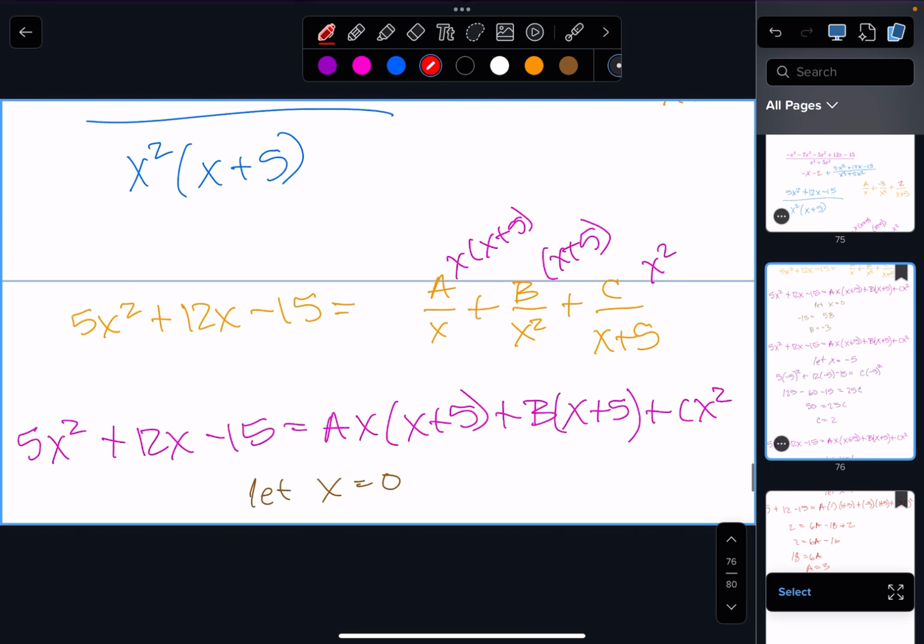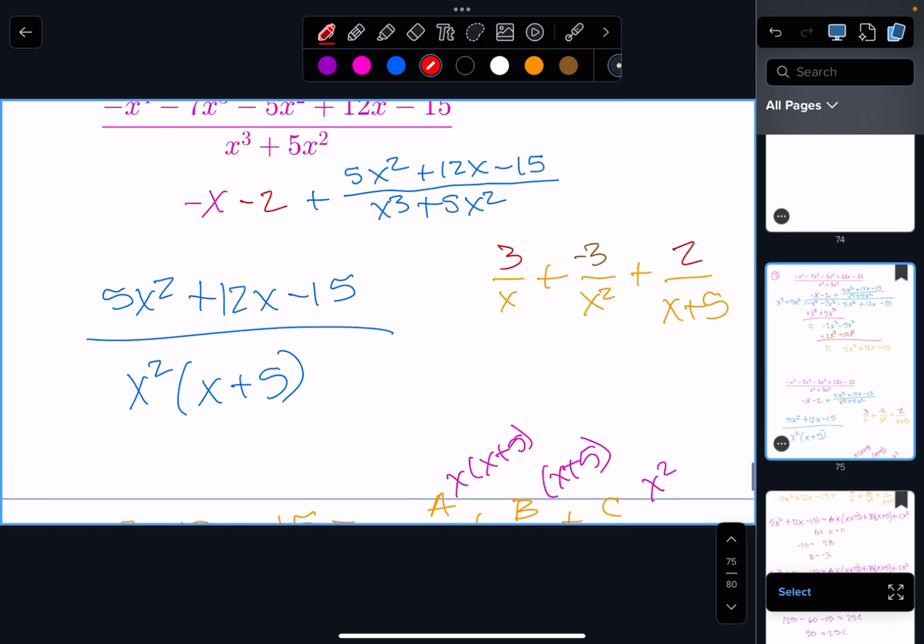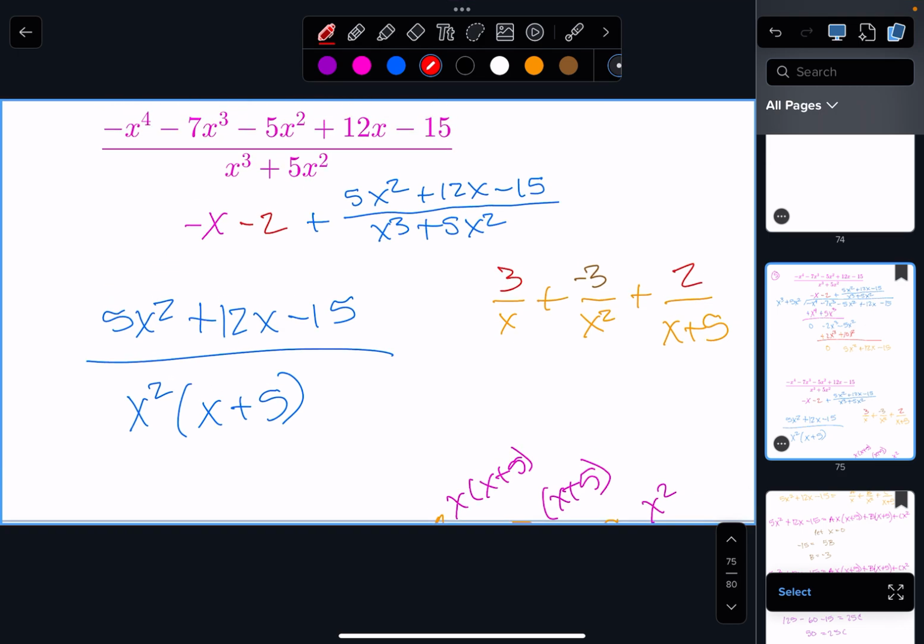A is up here at the beginning. A is 3. So now I need all of this, so it's actually just like this: negative x minus 2 plus that is the answer.